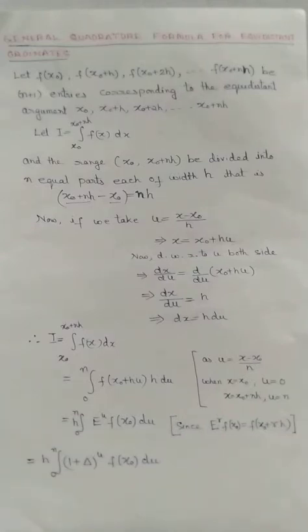When this process is applied to the integration of a function of a single variable, that means one variable, x, then the process is called quadrature, and the expression of the integral so obtained is called the general quadrature formula. So let us see how to derive the general quadrature formula for equidistant ordinates.